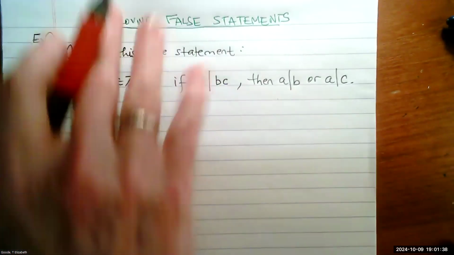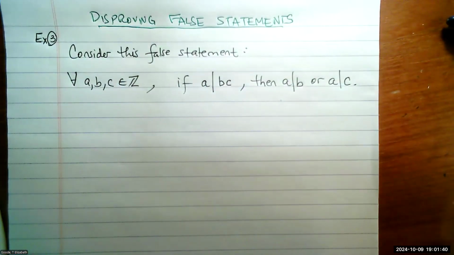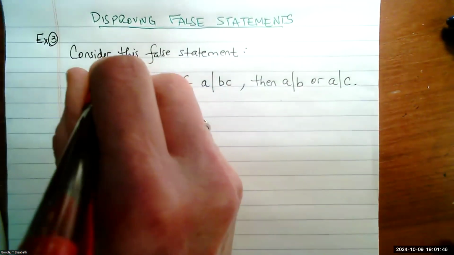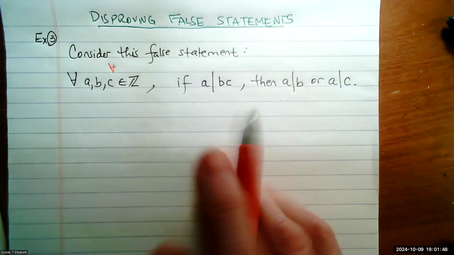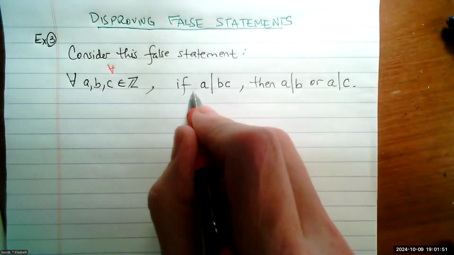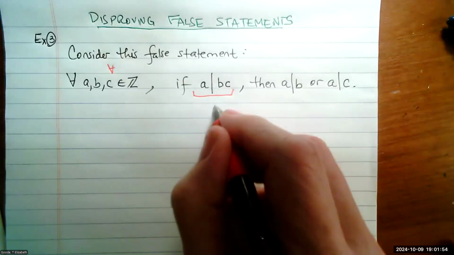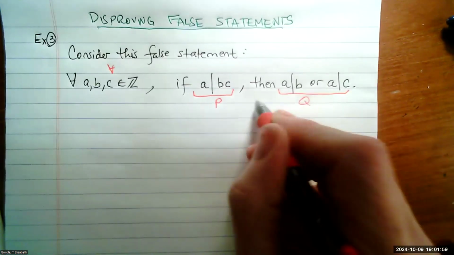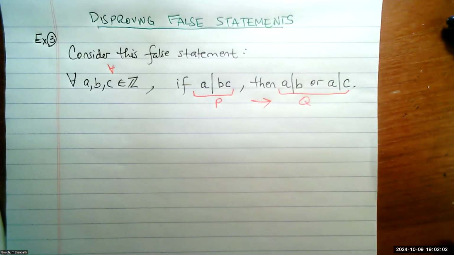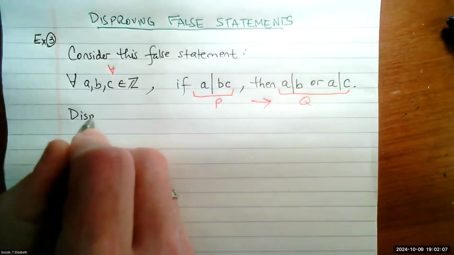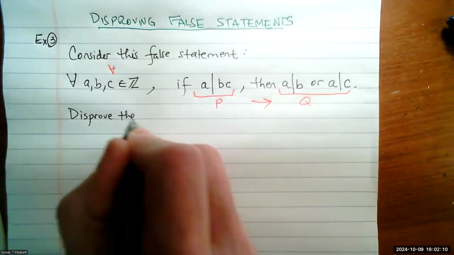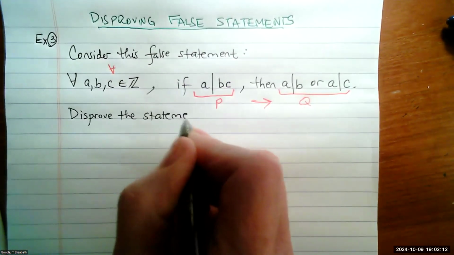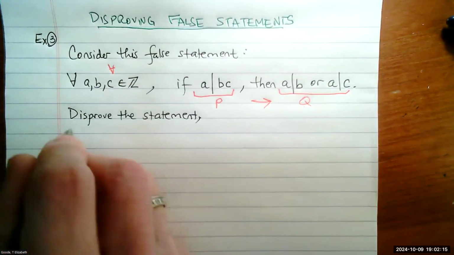And let's just take a look at it so we can get a handle on what we're going to have to do here, right? Well, what's the game going to be? Well, it's a universal statement. It's a for all statement. And of course, that makes sense because it's an if-then, and we know every if-then statement is a for all statement. So it's an if P then Q, and our Q is a compound Q here. So the instructions are to disprove the statement by giving a counterexample.